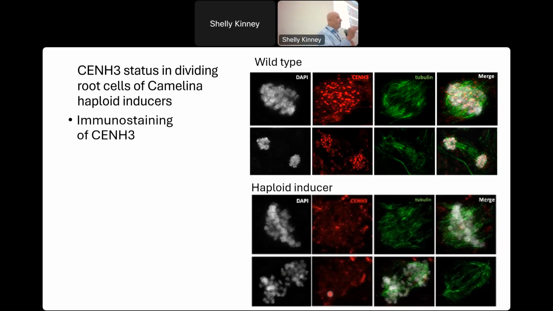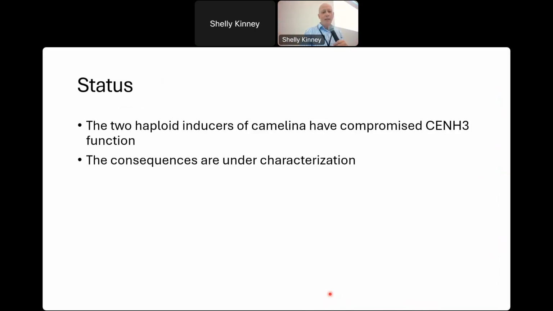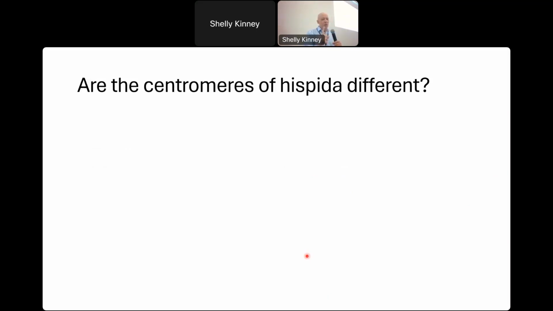So we have impaired SNH3 efficiently because we see very little of it. And then what are the consequences? Well, that's in progress. Let me take you to the next question, which is, are the centromeres of Hispida different?